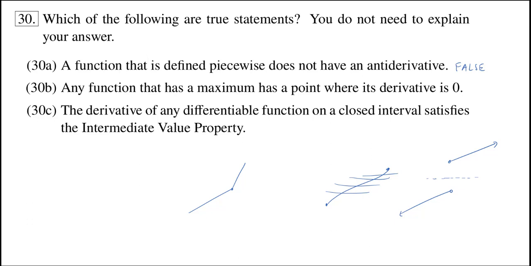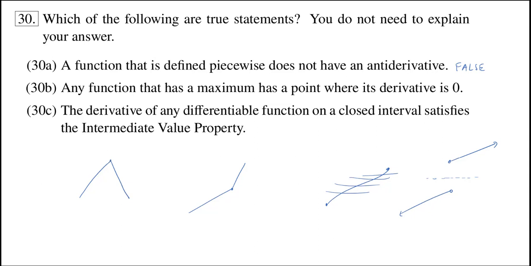But this is going the other way around. We're saying if we have any sort of a maximum on any function, we're not talking about a differentiable function. So for example, you could have a maximum that looks like this. And we know that there is no derivative at this max point.